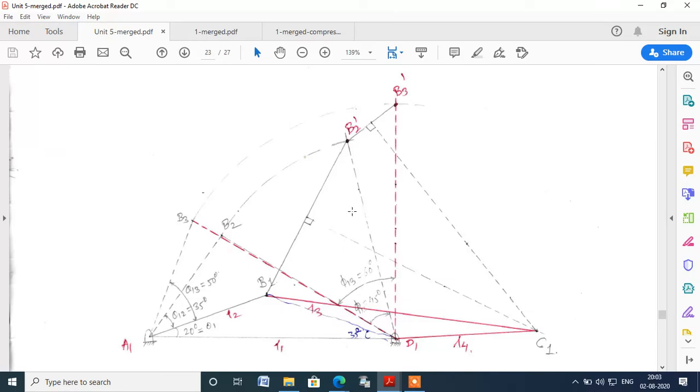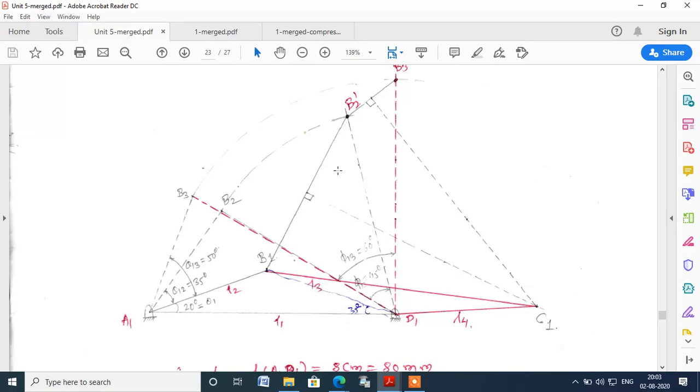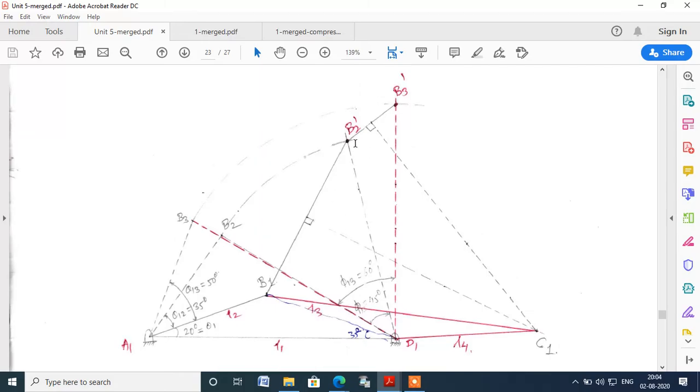The next procedure: join B1 B2 dash and then join B2 dash B3 dash. Join. Okay. Now draw the perpendicular bisector of the line B1 B2 dash, and draw another perpendicular bisector of B2 dash B3 dash.